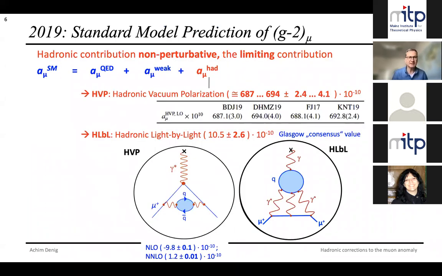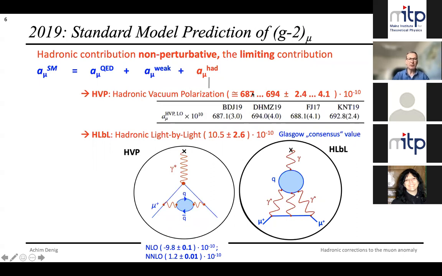The hadronic contribution is given by 2 main terms. The first is the so-called hadronic vacuum polarization contribution, where you produce a quark loop here. And of course, strong interaction physics is ongoing. It's non-perturbative, and therefore it's complicated and in the regime of hadron physics. The second term is smaller in absolute size, but relatively much less precisely known: the so-called hadronic light-by-light contribution, with this coupling of 4 photons to a quark loop.